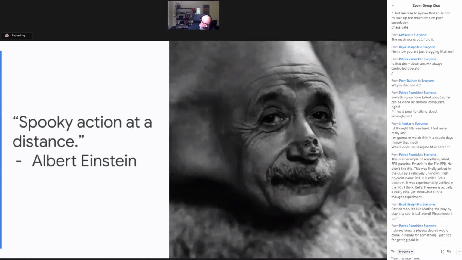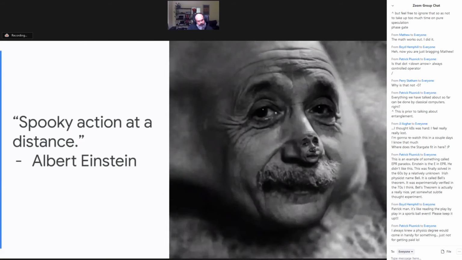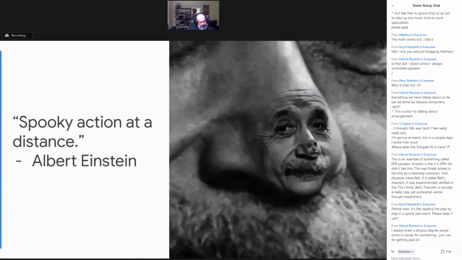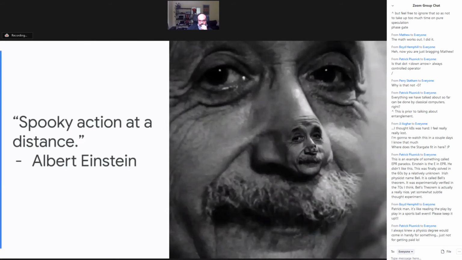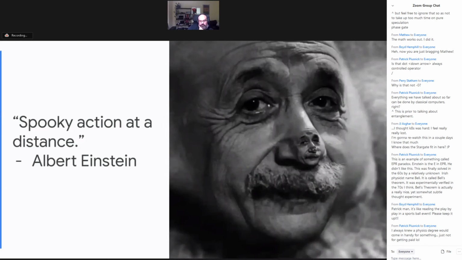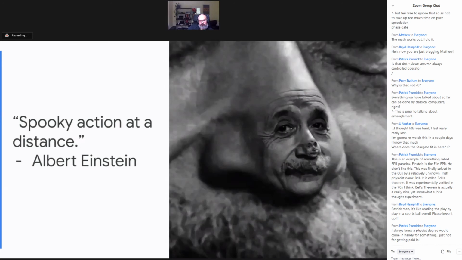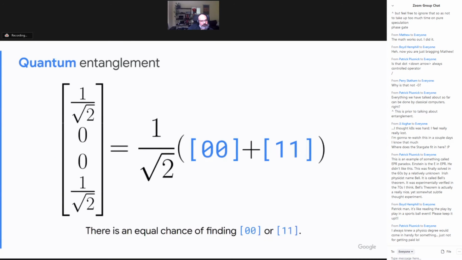And it turned out to be verified experimentally in ways that unfortunately weren't available to Einstein in his time. He looked at this vector and saw that it's perfectly allowed by the rules of quantum mechanics.